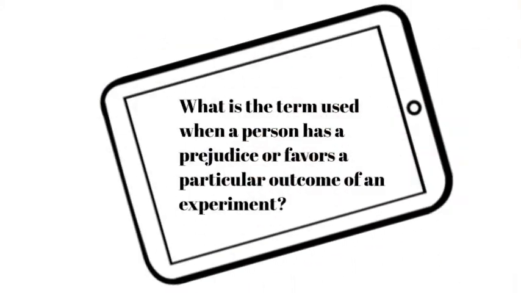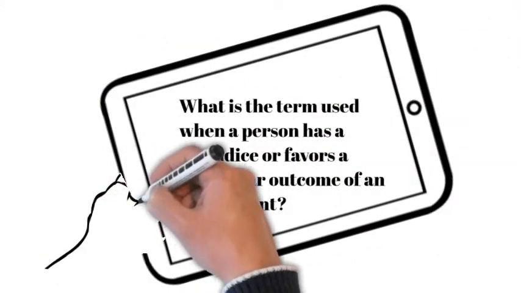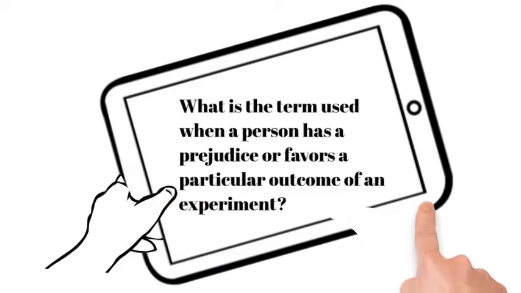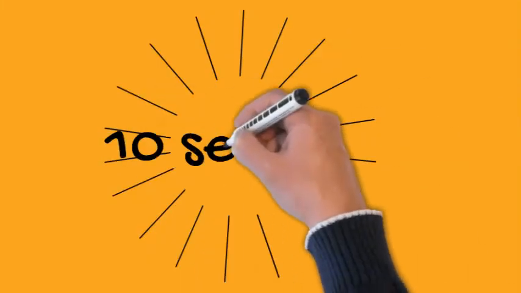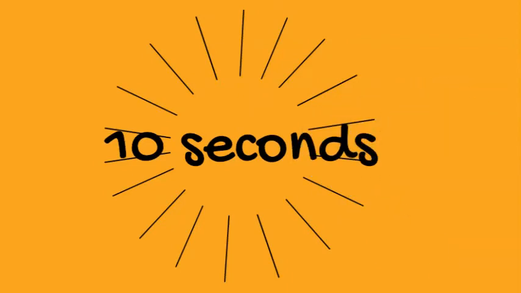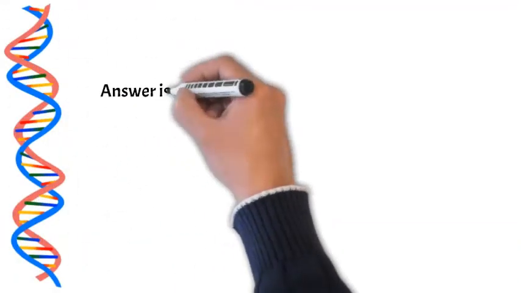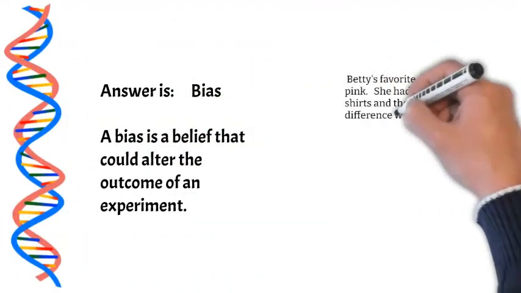On to question 9. What is the term used when a person has a prejudice or favors a particular outcome of an experiment? The answer is bias.